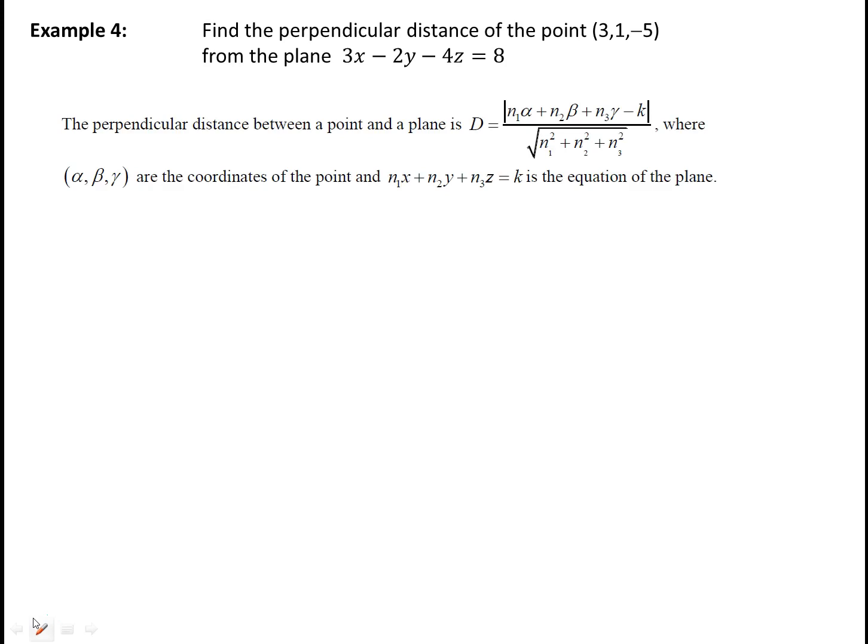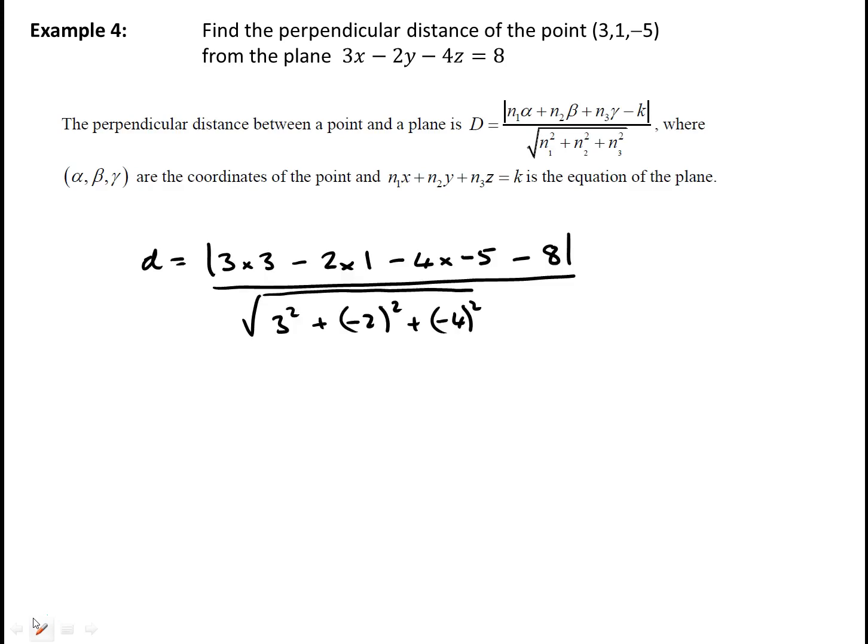We can say that the distance is going to be the modulus of 3 times 3, take away 2 times 1, take away 4 times minus 5, minus 8, divided by the square root of 3 squared plus minus 2 squared plus minus 4 squared. And that gives us 19 over the square root of 29 as the distance of the point 3, 1, minus 5 from the plane 3x minus 2y minus 4z equals 8.